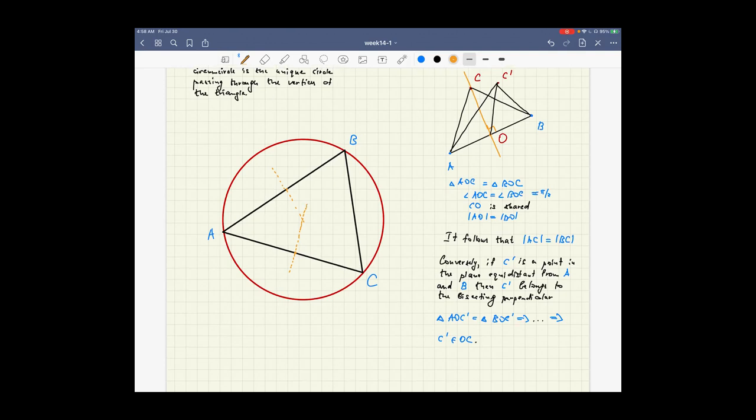Now, let's denote this point by O, the point of their intersection.